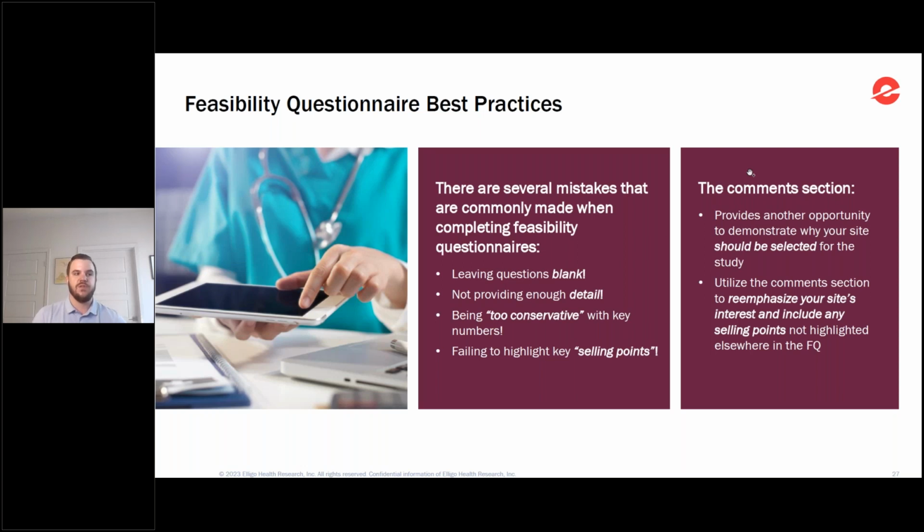So it should be one that should be taken seriously, with attention to detail and completeness, really trying to use this document, if you're a site, to sell yourself to that sponsor and their CRO on why you're a good fit. So really focusing on the feasibility questionnaire itself will pay dividends, which you will see in an increased number of awards, or FQ submission to receiving an award conversion ratio in and of itself.